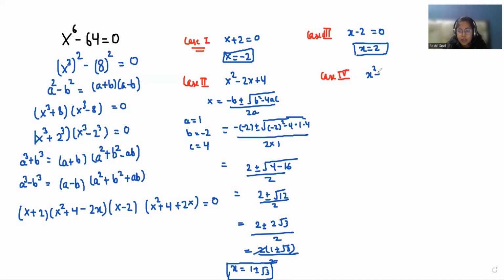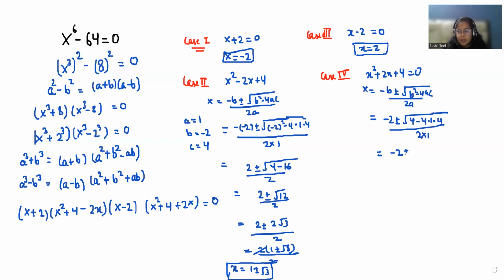x square plus 2x plus 4 is equal to 0. Again, we are going to use the quadratic formula. So minus b plus minus under root of b square minus 4ac by 2a. So minus b is minus 2, plus minus under root of 2 square, which is 4, minus 4 times 1 times 4, by 2 times 1.